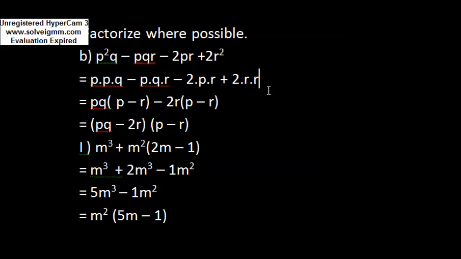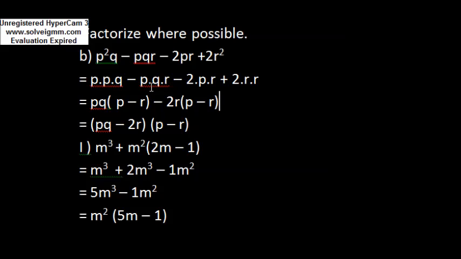Now in the next step you can see here, in the first term we have P, in the second term we have P. In the first term we have Q, in the second term we have Q. It means you can take out PQ as a common variable. So inside the bracket, from the first term PQ is common, so only P is left.